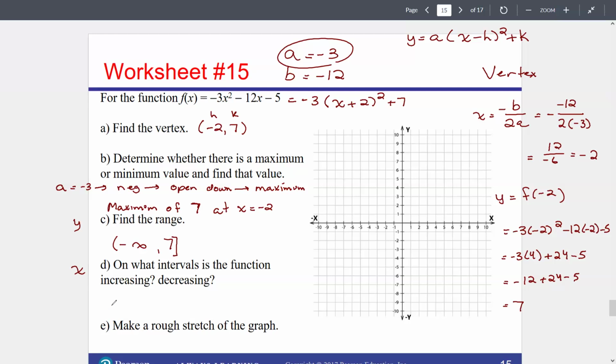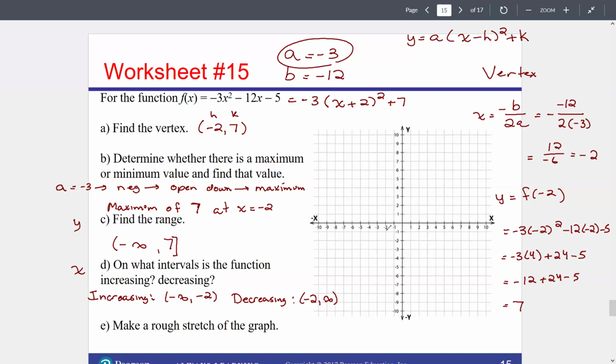So if I have a maximum, that means that starting in negative infinity, I'm increasing up until I hit that negative 2. Then after that, I'm decreasing. So when x passes -2, from -2 to infinity, I'm decreasing.